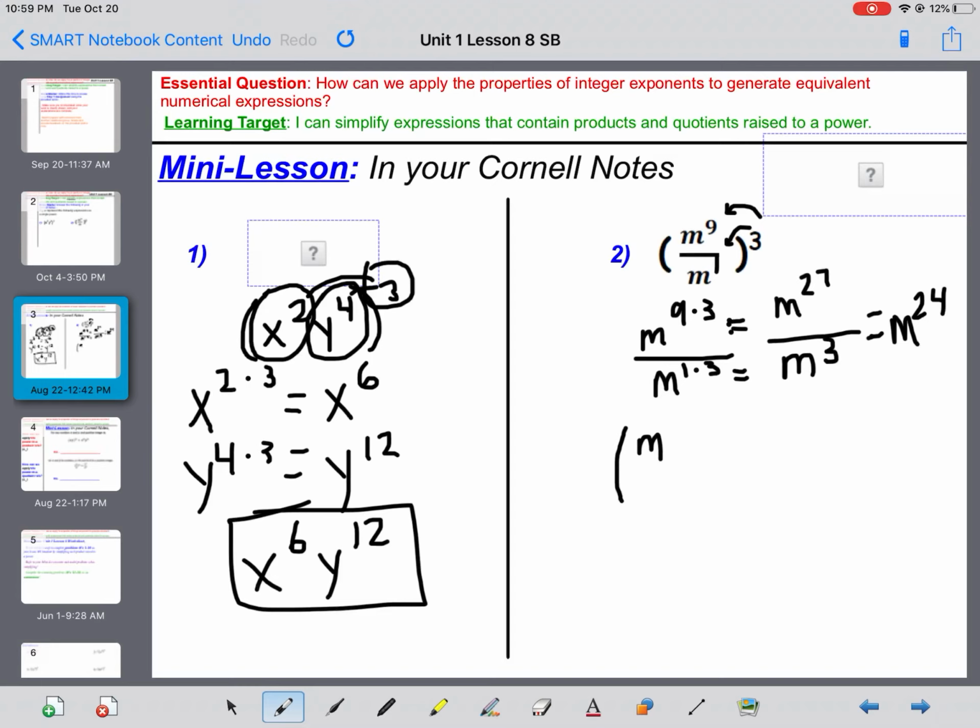Or we could have done it a different way. We could have done the quotient rule first.